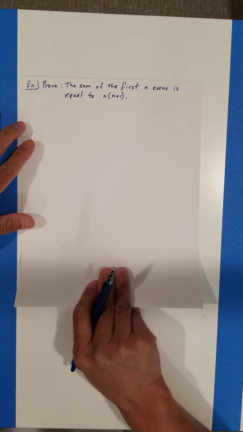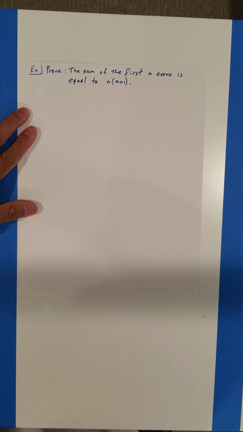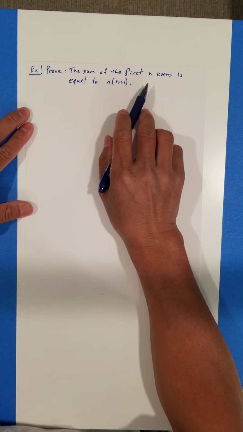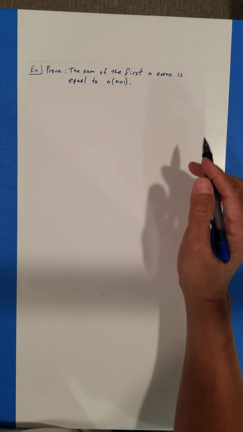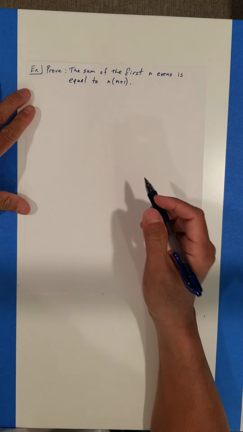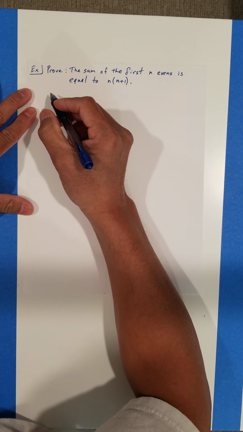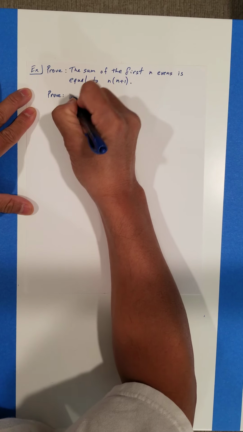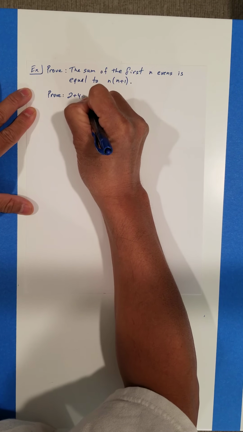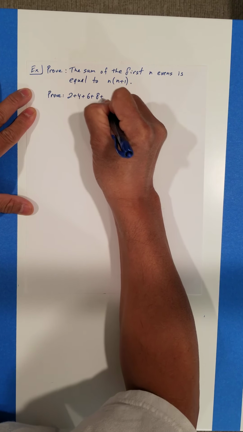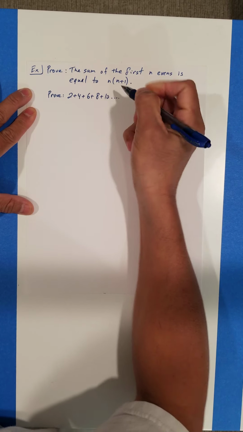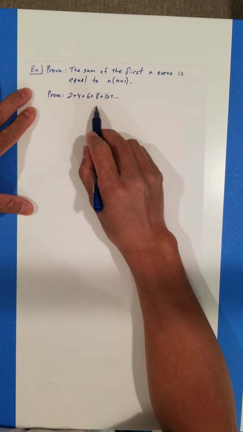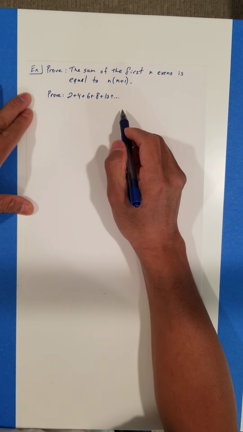The first example is: prove the sum of the first n evens is equal to n(n plus 1). So what they're trying to have you prove is this: 2, 4, 6, 8, 10, like that. Prove that when I add all of these up, I can add up as many as I want.